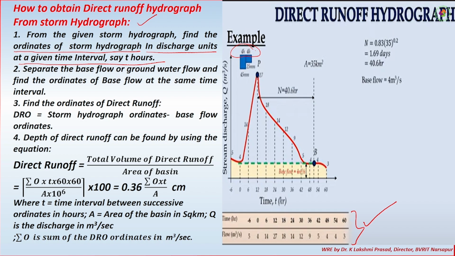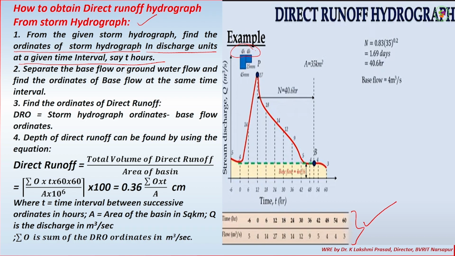Now what you have to do: take time on the x-axis, that means the starting point is minus 6, 0, 6, 12 like that. Or otherwise, if you are not interested, directly you can start with 0. I am interested in minus 6 also to show you the starting point of the hydrograph.